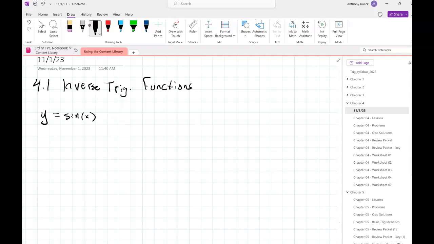Now, remember back to your Algebra 2 course, or even earlier in Chapter 1, when we talked about inverses. What do we have to do at some point when we find the inverse for a function?